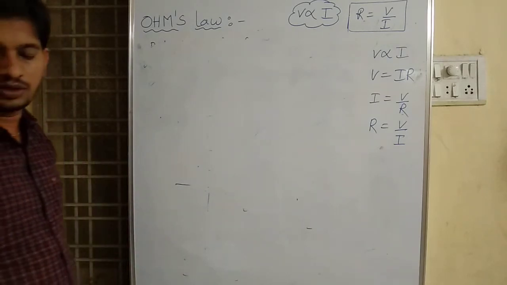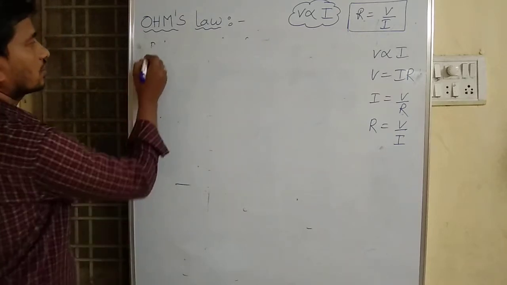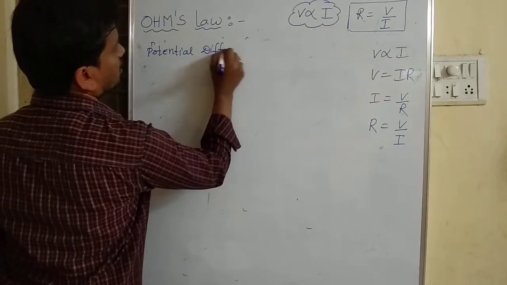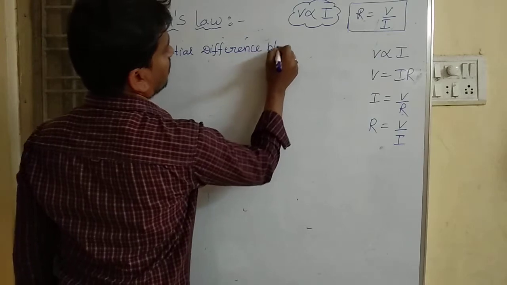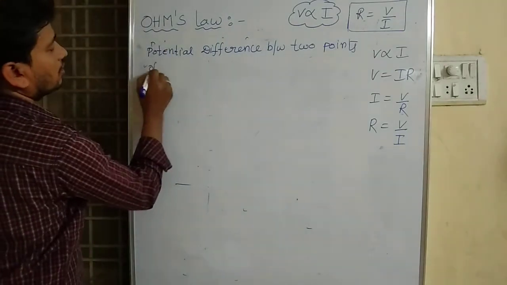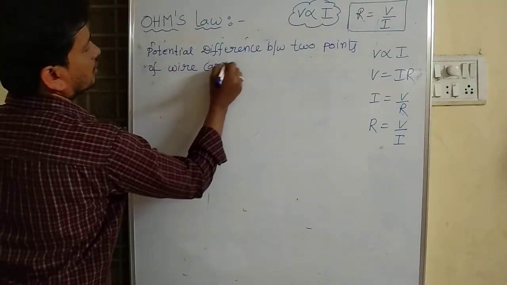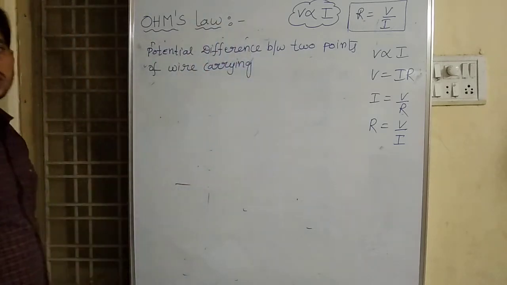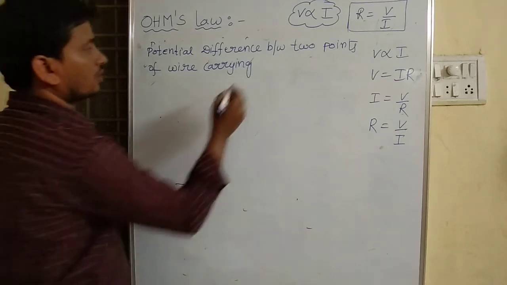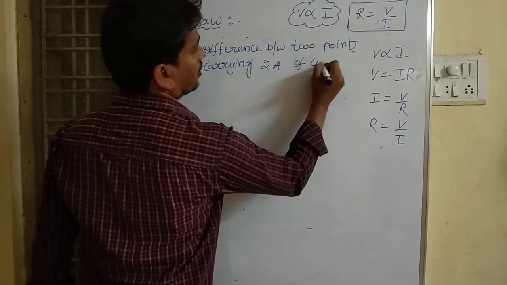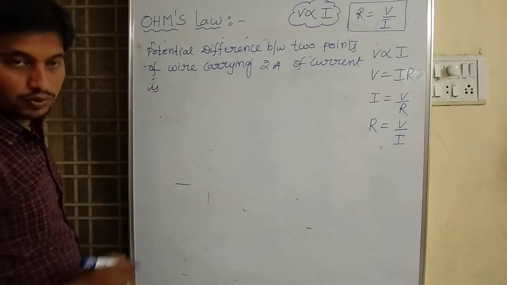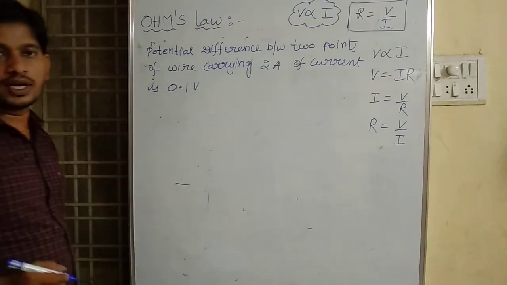The potential difference between 2 points of a wire carrying 2 amperes of current is 0.1 volt.